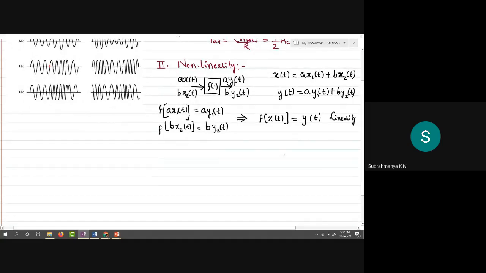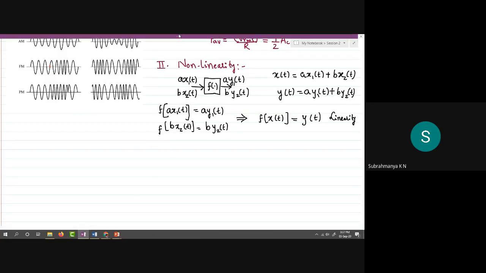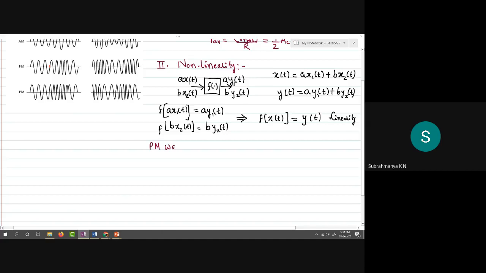Let us take this example for our angle modulated case very quickly. If I take an example of our PM signal itself, our phase modulated signal, how can it be deduced whether a PM wave is a non-linear modulation or a linear modulation?